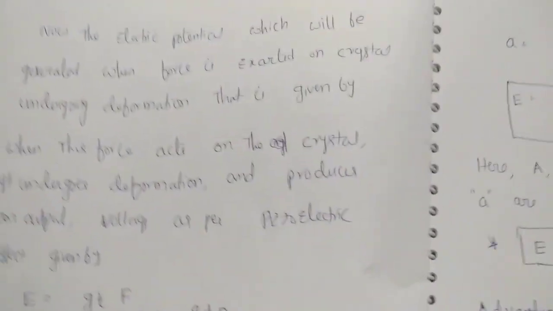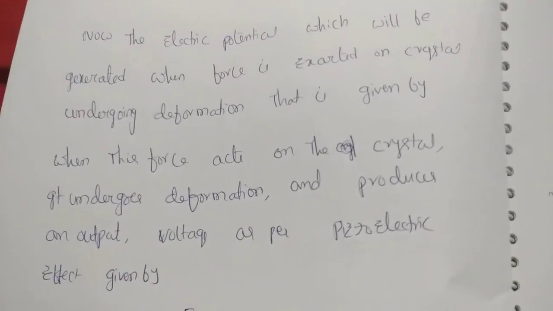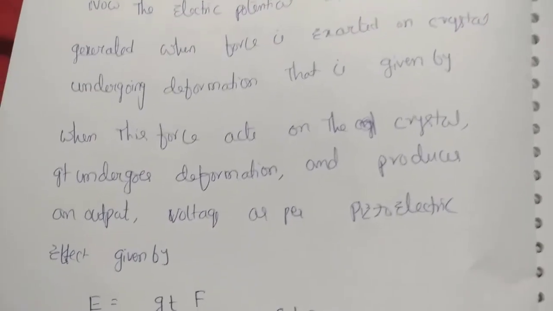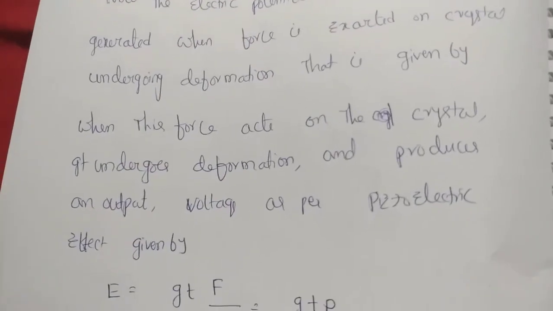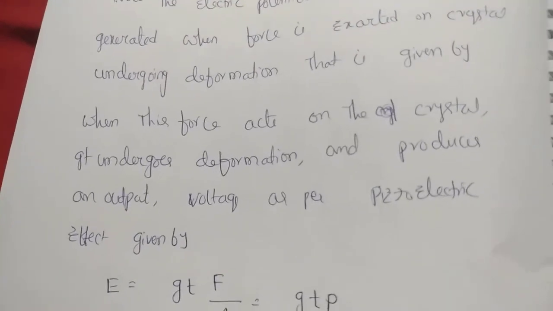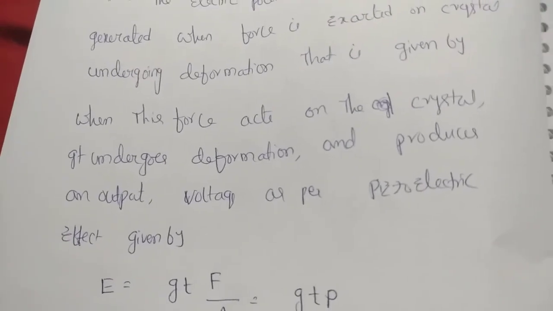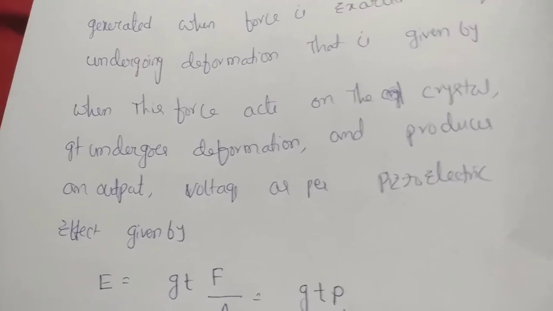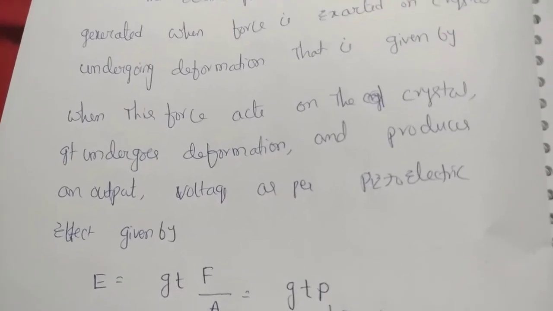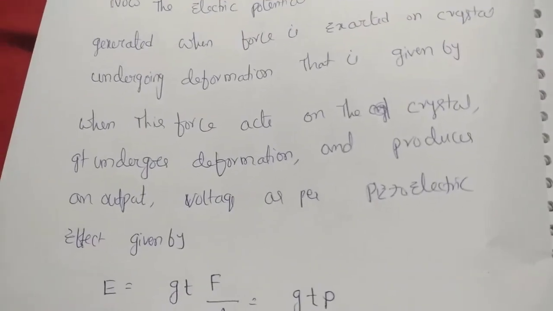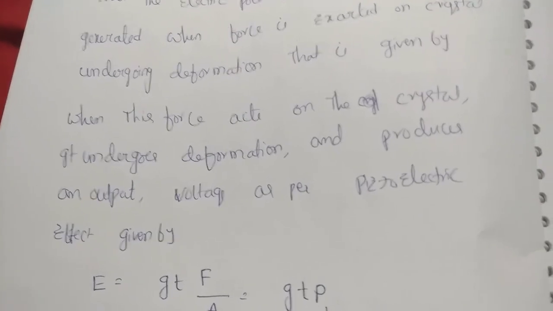Now the electric potential which will be generated when the force is exerted on the crystal: when the force is applied across the crystal, it undergoes deformation, the crystal is oriented, and it produces output voltage across the surface of the crystal.